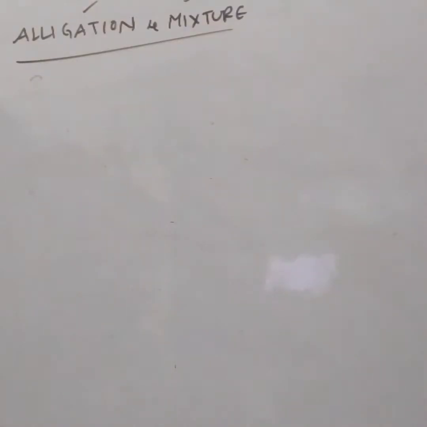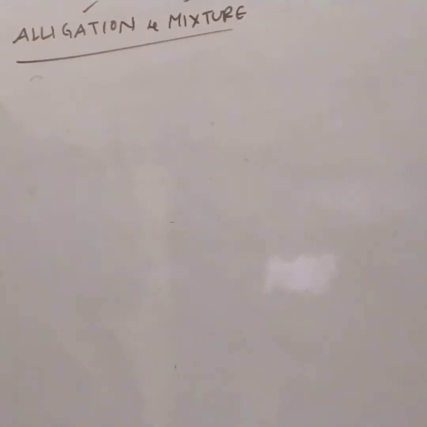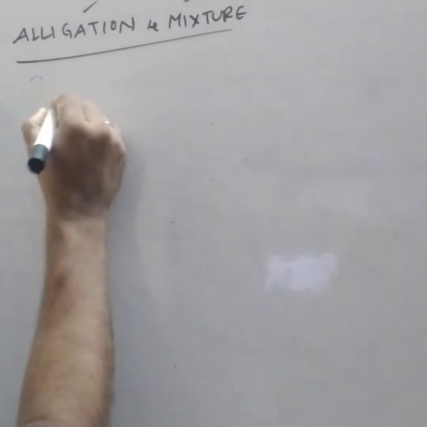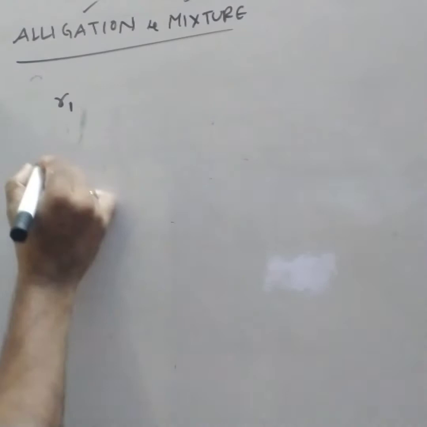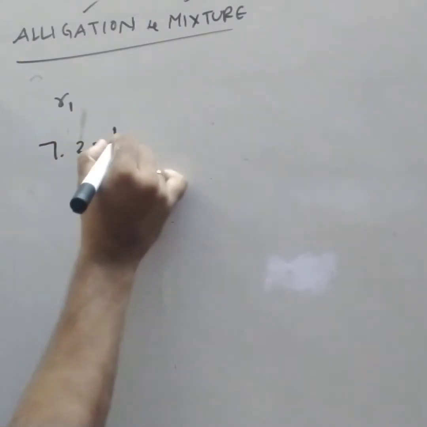In what ratio must rice at 7 rupees 20 paise per kg be mixed with rice at 5 rupees 70 paise to get a mixture of 6 rupees 30 paise per kg? So there are 2 quantities of rice. One is R1, rice 1, that is 7 rupees 20 paise per kg.